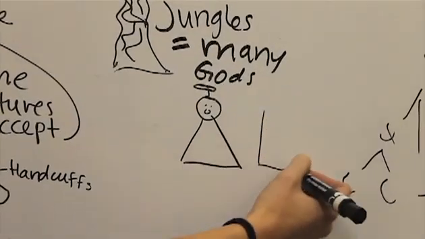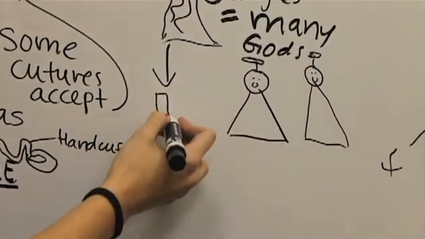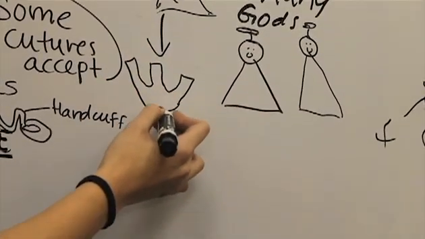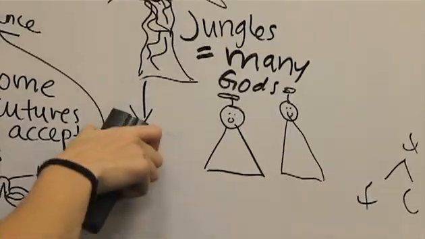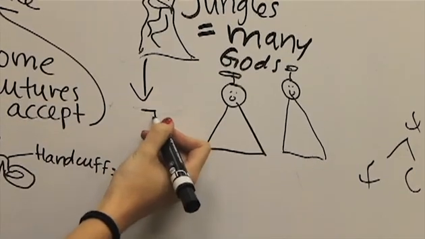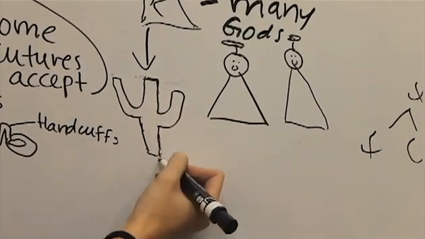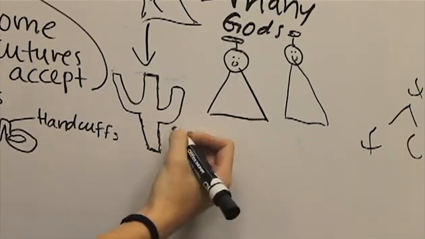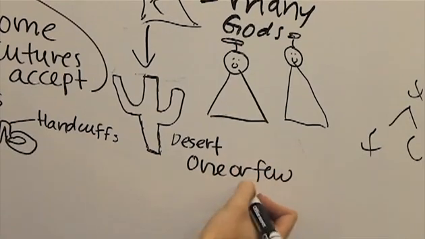They saw that this variety came out of many gods all working together to create the beautiful, varied environment around them. While in the desert, or places with few varieties of life, tended to develop monotheistic religions. This is because things in their environment were more similar to each other, and it makes more sense that one individual created everything.